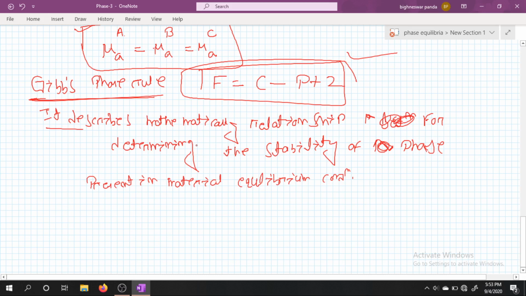Material equilibrium condition means thermal equilibrium, another is chemical equilibrium, another is mechanical equilibrium.